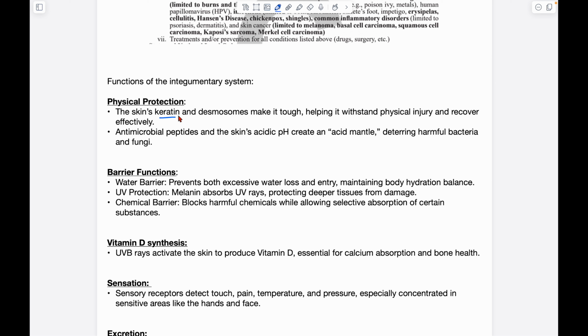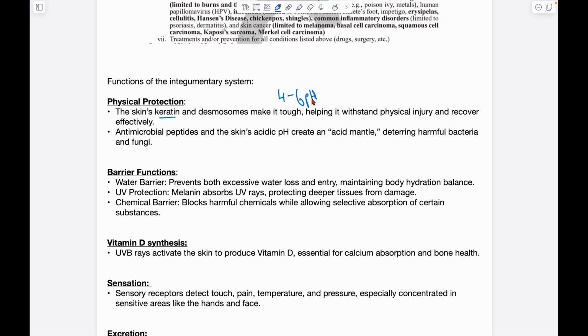Desmosomes and keratin basically act as barriers against pathogens, and the outer layer of the skin is dry and slightly acidic. It actually has a pH between 4 and 6. So that's the outside layer of the skin's pH.